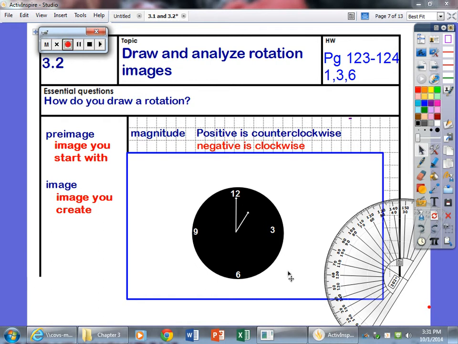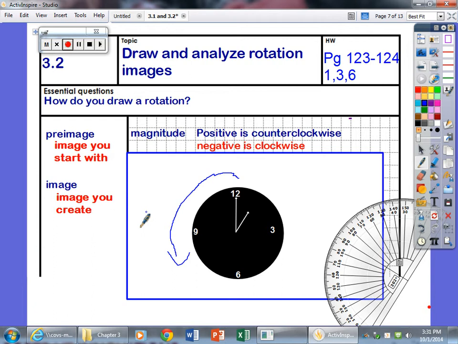There's something a little counterintuitive about these rotations. Normally we would think of a positive rotation as going around clockwise, but in this case a positive rotation moves counterclockwise. So if it's a positive rotation, it's going to go in this direction.